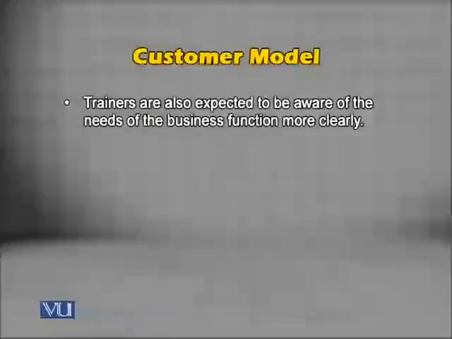So they have to be experts of the marketing function or the finance function, rather than being expert trainers. So the trainers have to be aware of the needs of the business unit, and the courses and content that they develop should reflect the needs of the business.